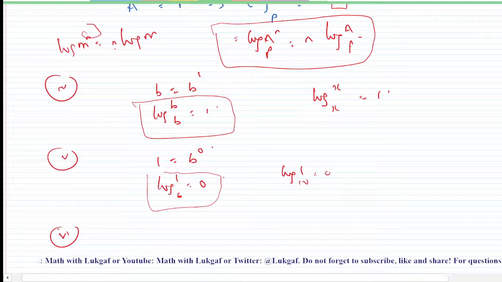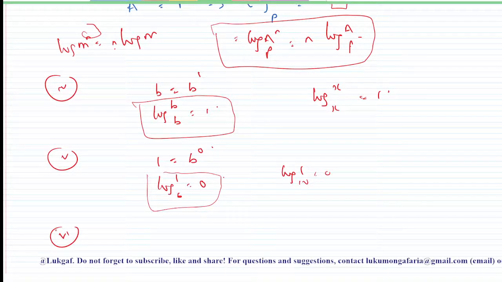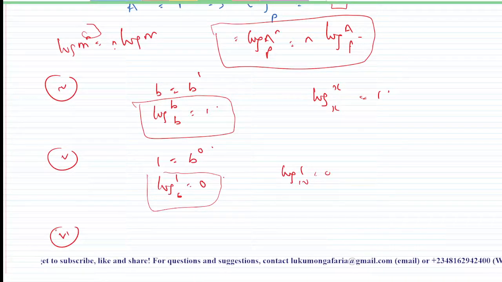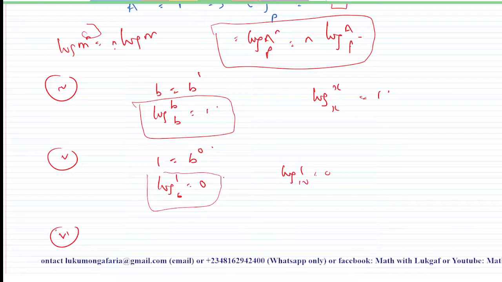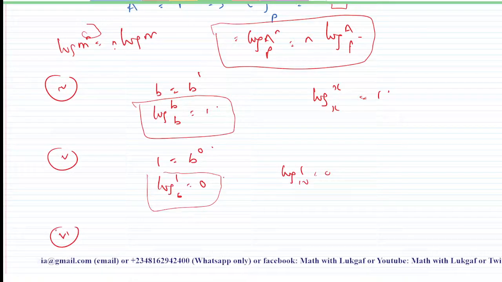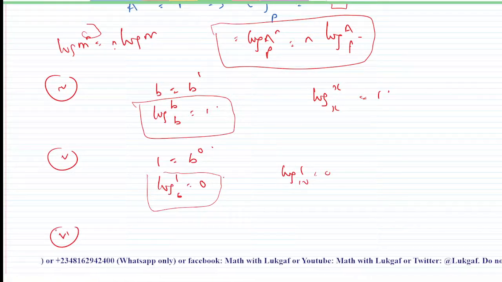And another one is when you want to change the base. At times they may give you a logarithm and you might want to simplify it in such a way that you have a different base. So this is why this law is applicable, and this is how I'm going to derive it.